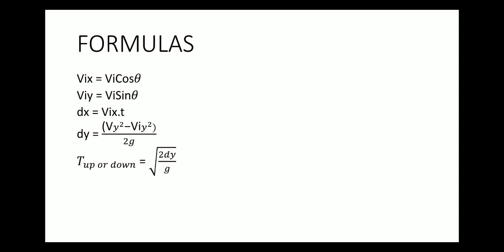And for time going down, g is positive, or 9.8 is positive. And for the total time, like what I said, we just need to add time going up and time going down. Their values are the same, so you can just multiply it by 2.